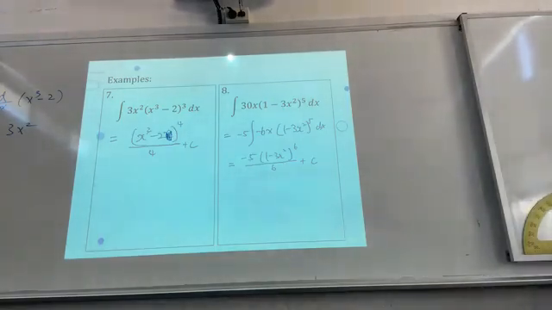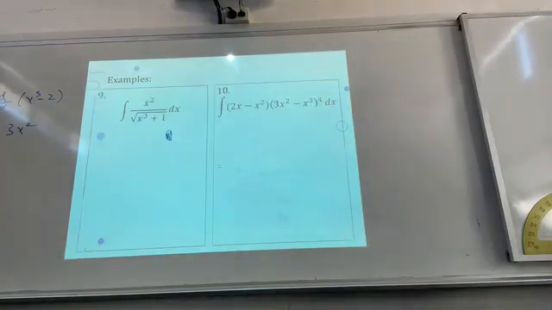Once you recognize all that, you should be able to do your integration. Wait, no, I didn't simplify. I didn't simplify, yeah.